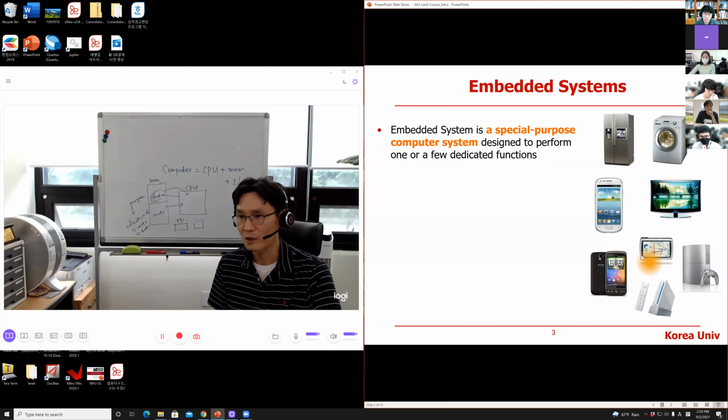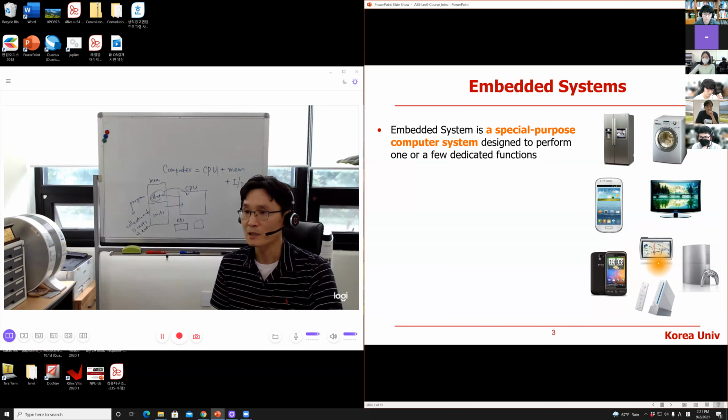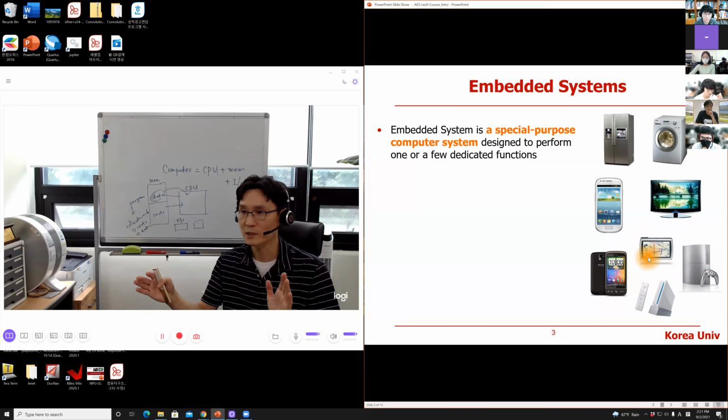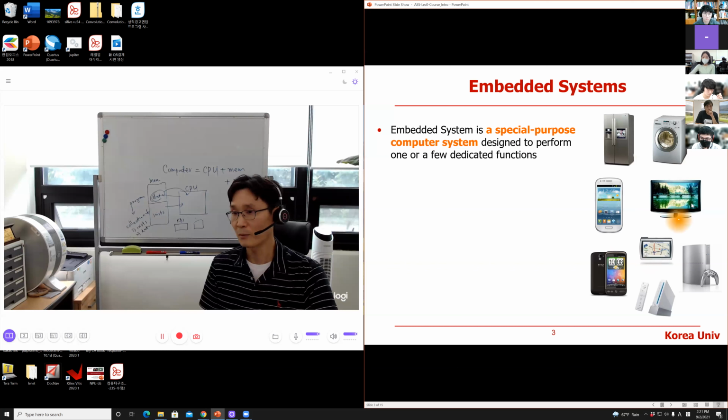So the computer inside this GPS is designed to show you the shortest path. That is the only purpose you added a computer inside this device. So special purpose, right? Finding the shortest path.